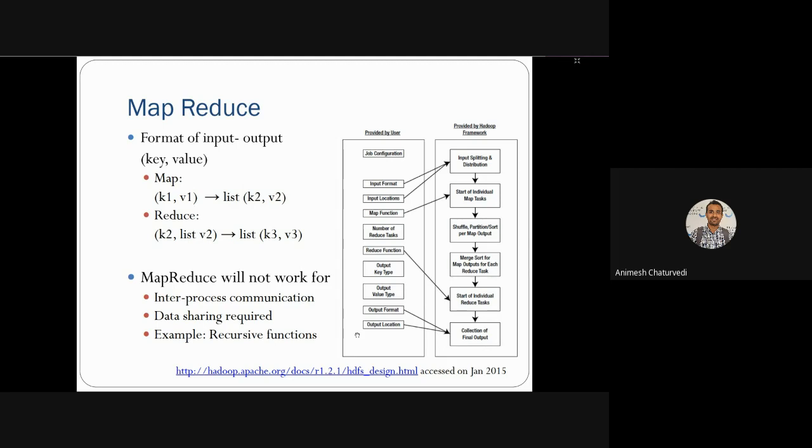How is this done, how are the mappings done? You can see on the right hand side there are big rectangles in which various tasks are there. The tasks are done by two different parties. One is provided by the user, meaning you are the programmer and you do the task.